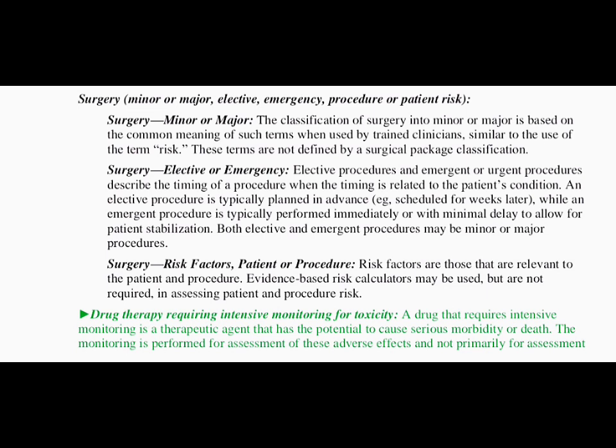Elective procedures and emergent or urgent procedures describe the timing of a procedure when the timing is related to the patient's condition, and elective procedure is typically planned in advance, e.g., scheduled for weeks later, while an emergent procedure is typically performed immediately or with minimal delay to allow for patient stabilization. Both elective and emergent procedures may be minor or major procedures.